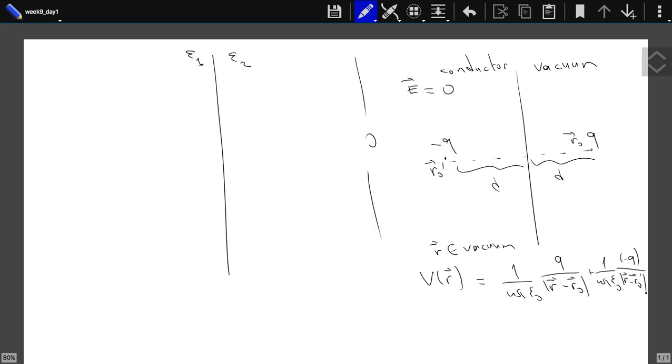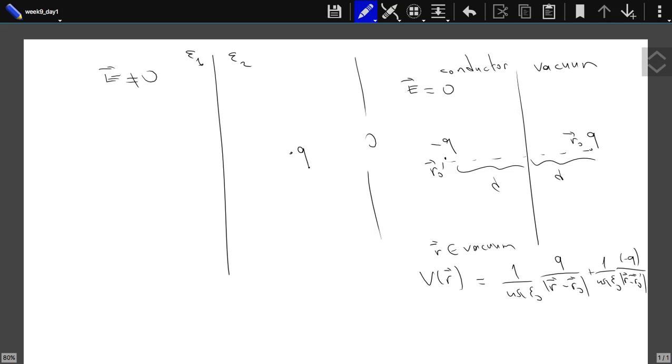Now let's come to the case of the dielectric. The dielectric is not a conductor, so there might be non-zero electric fields in it. But still, depending on the dielectric constant or the permittivities of these two media, there will be some surface charge induced on this surface.